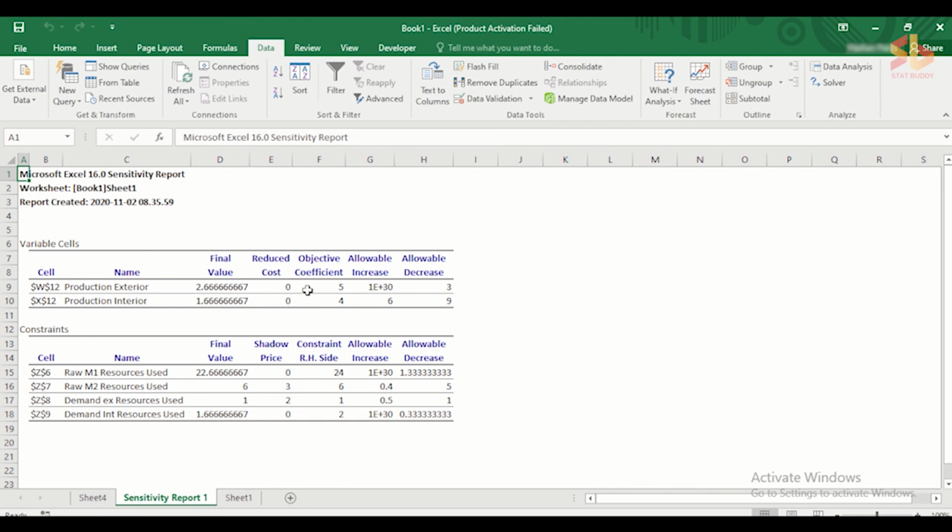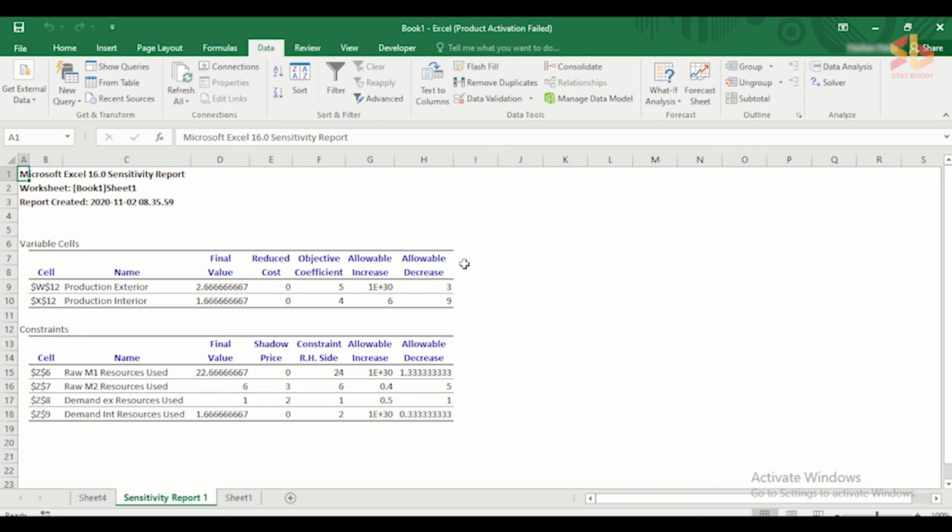So here you can see it is 0, which means we can't change the objective function coefficients or the unit profits of this interior and exterior by any number without changing the optimal solution, which means 20,000. So that's why it is 0.